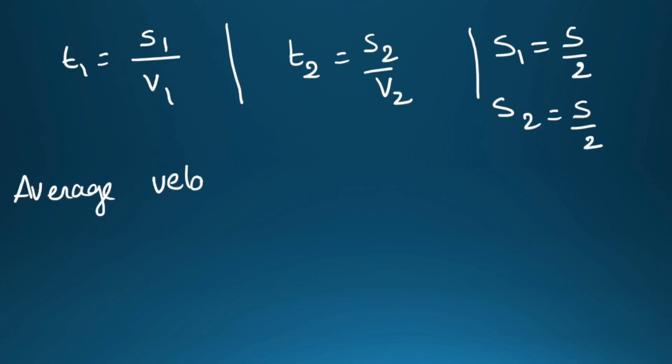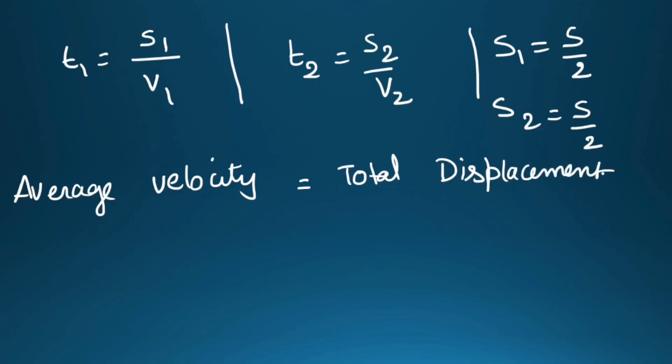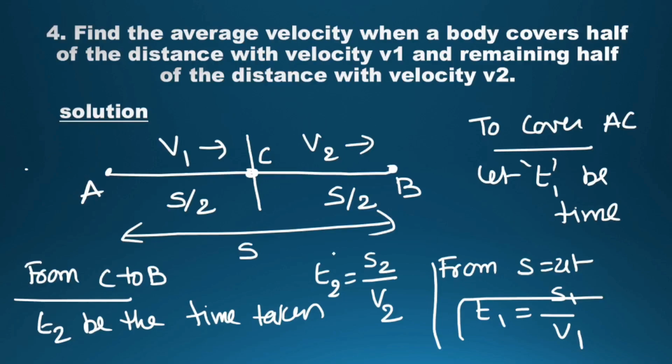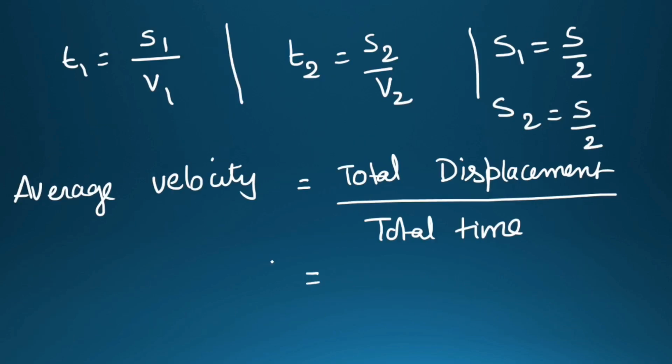Now what is average velocity? Average velocity equals total displacement by total time. What is the total displacement here? See, from A to B, S is the total displacement. So S by what is the total time? T1 plus T2. Now S by, what is T1 here?